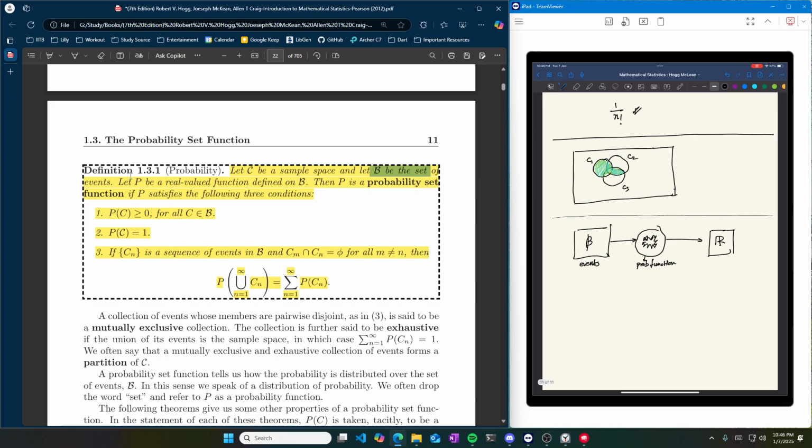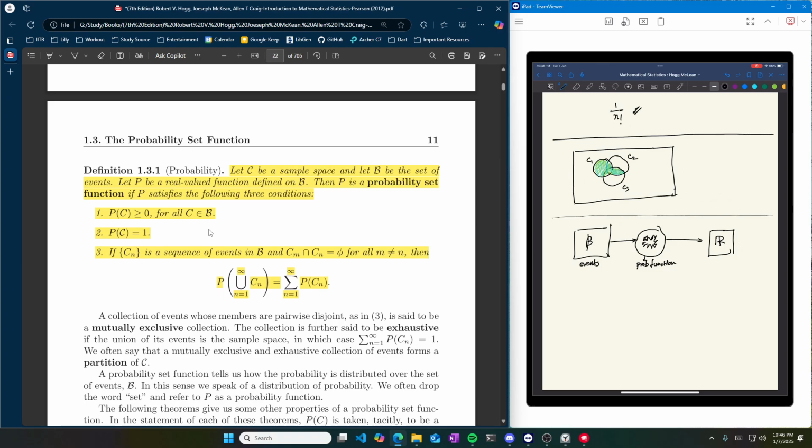So there are certain criteria on top of it. So essentially, criteria number one would be that probability of any event of the set of all events is going to be greater than or equal to 0. So let's imagine B is like this, right? B is like C1 event, C2 event, and so on.